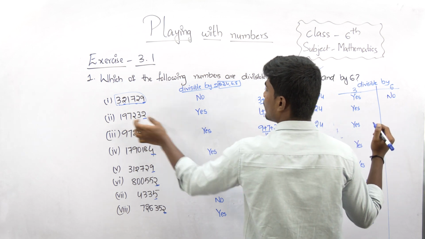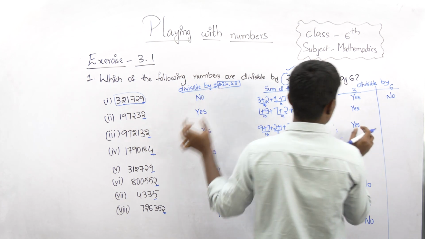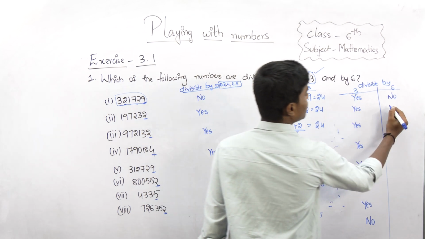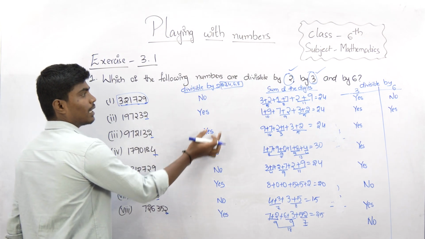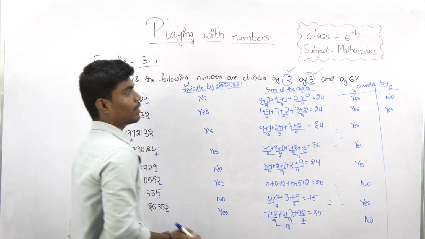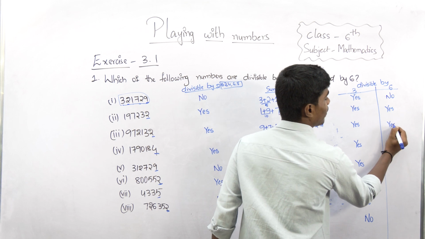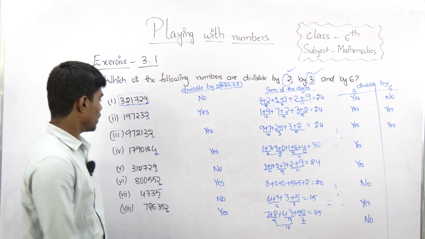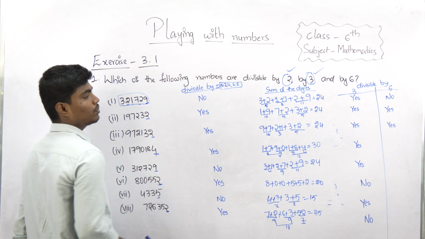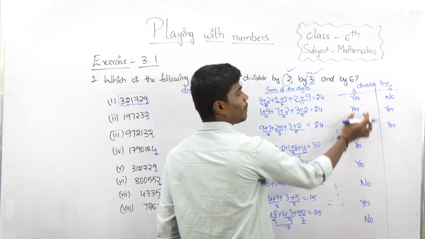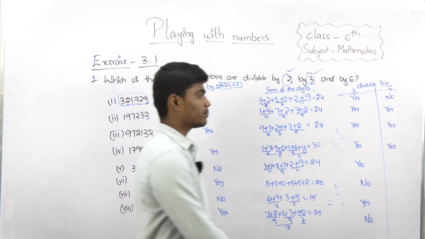Coming to the second one, the number is divisible by 2 and divisible by 3, so this number is divisible by 6. And the third one, the number is divisible by 2 and by 3, so this number is also divisible by 6. Now coming to the fourth one, it is divisible by 2 and divisible by 3. So this number is also divisible by 6.